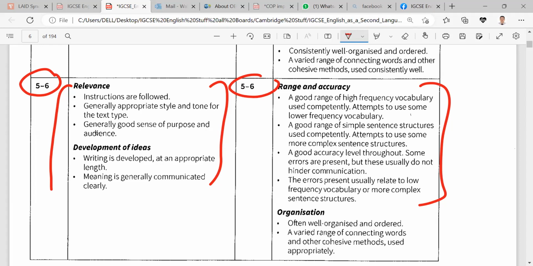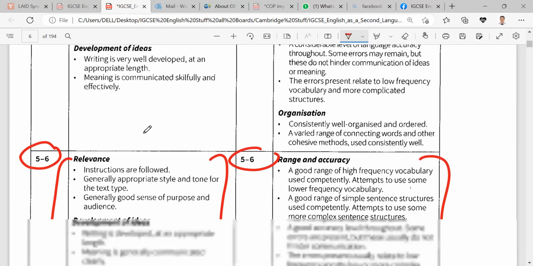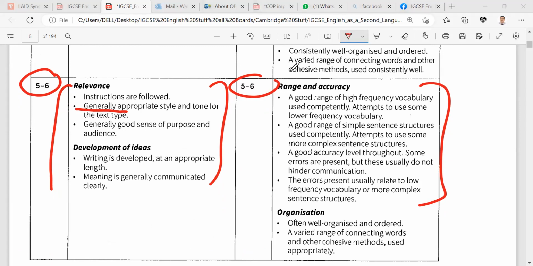Here, in terms of relevance, look here, consistently appropriate style. But here, look, generally appropriate style, what does it mean? A generally appropriate style and tone for the text style.